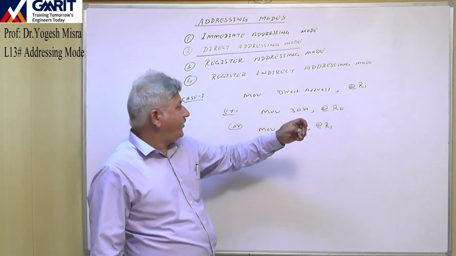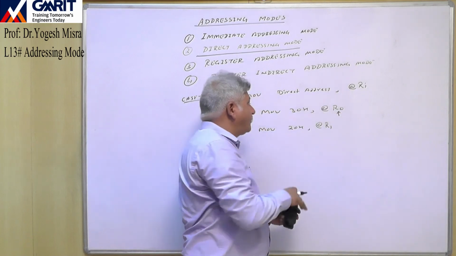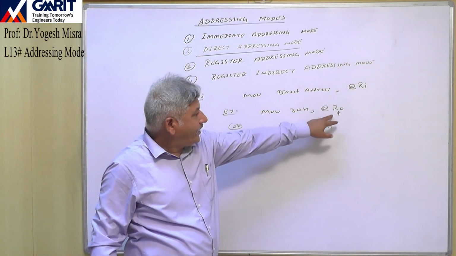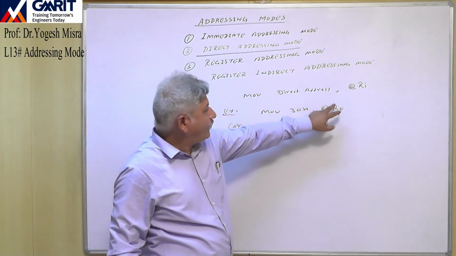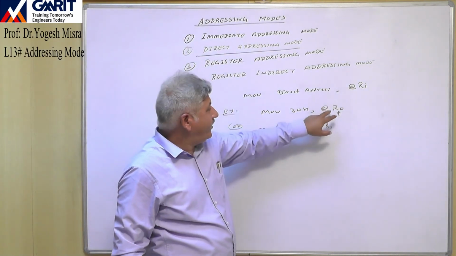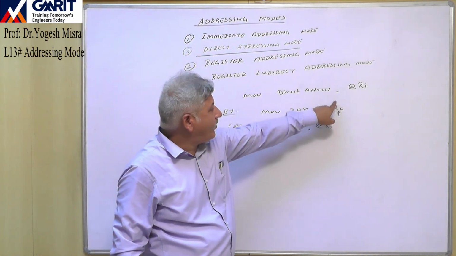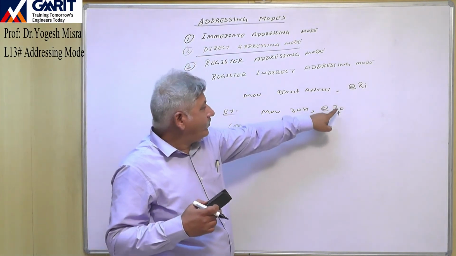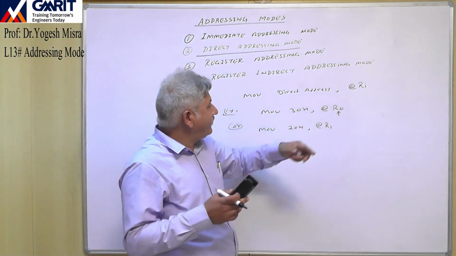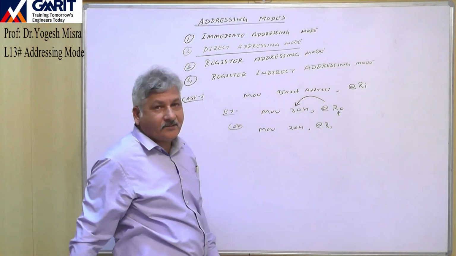So here this is our source. The data is stored in internal memory and the address is pointed by R0, because we have used the symbol @. The @ indicates that whatever is the value of R0, that is the address of internal RAM. So the data stored at that address will be transferred to the address 30h.